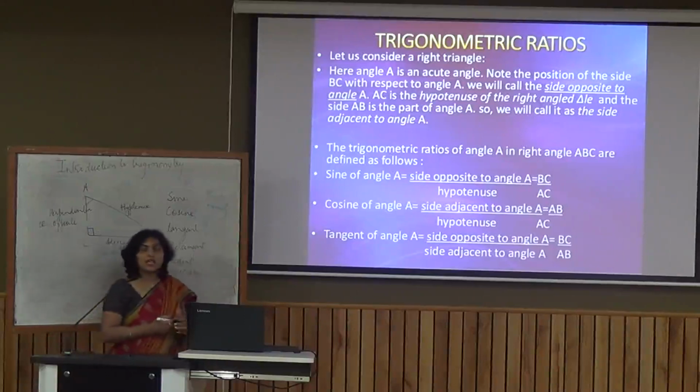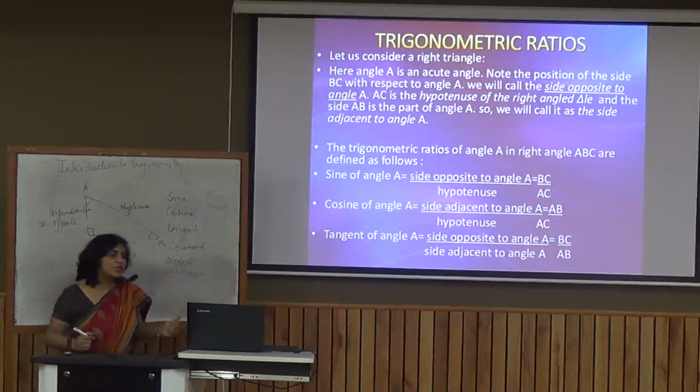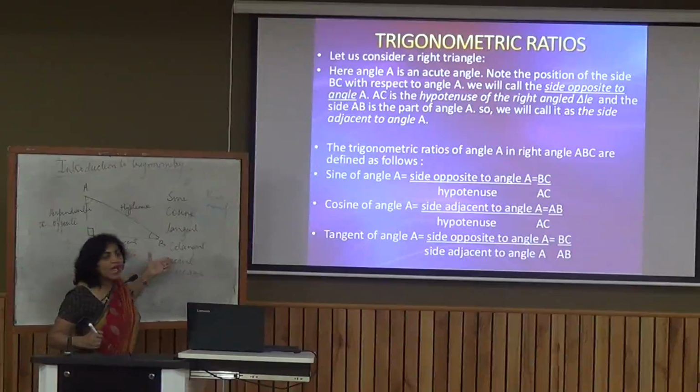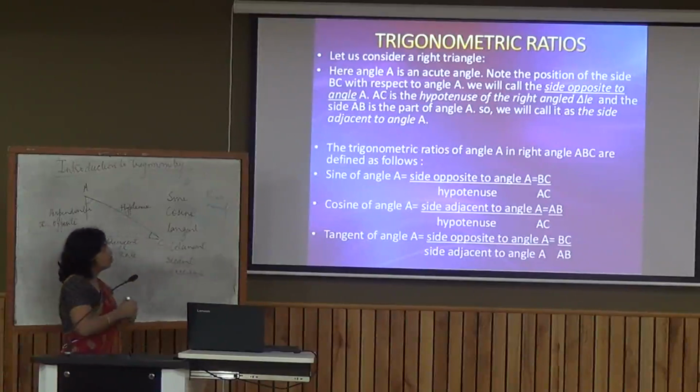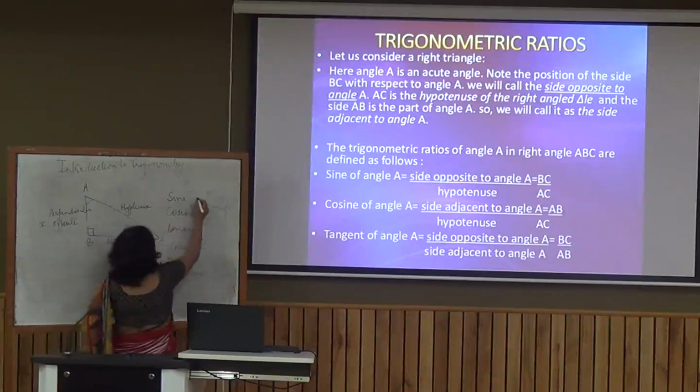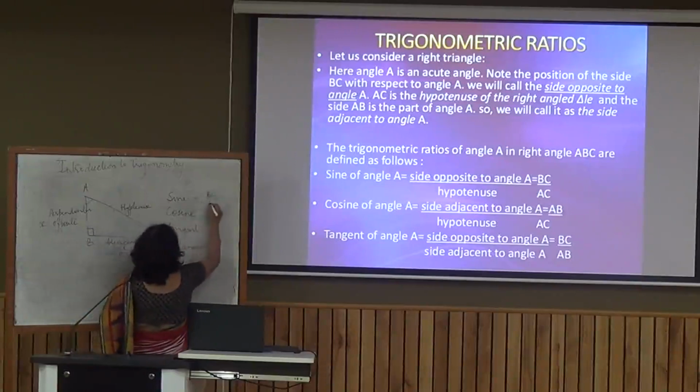Sine of angle A is the side opposite to angle A, which is side BC, and hypotenuse, which is AC. So this becomes BC upon AC.